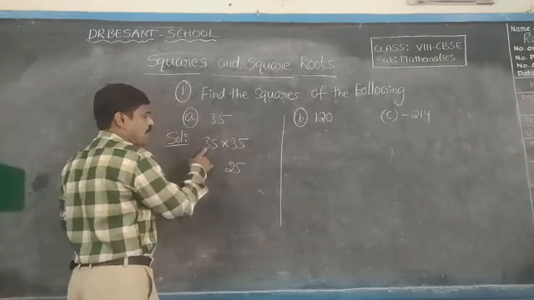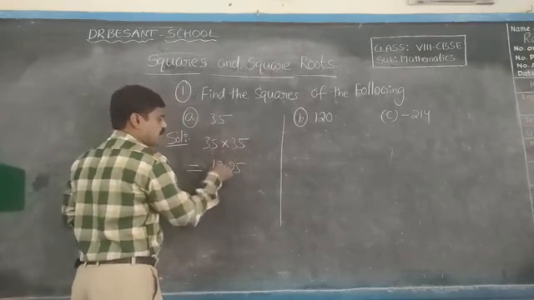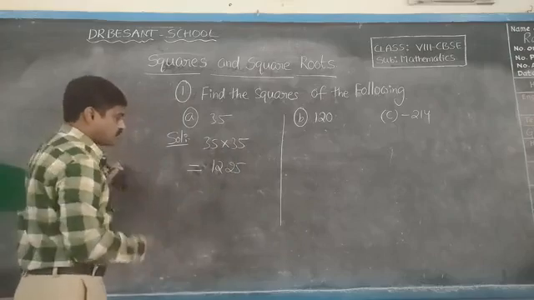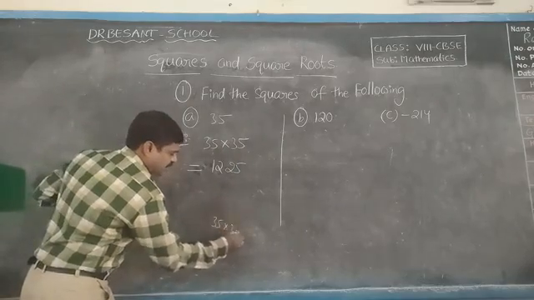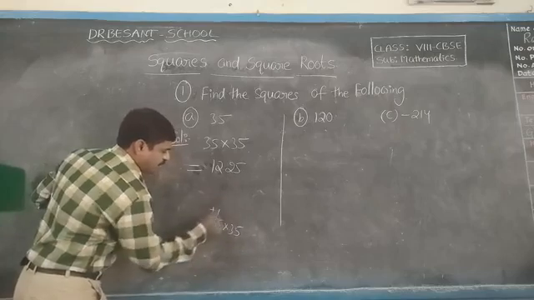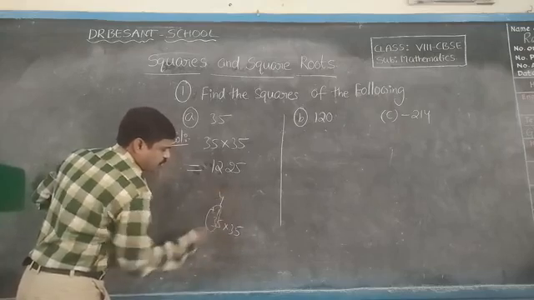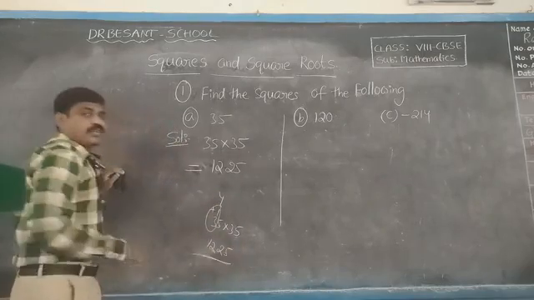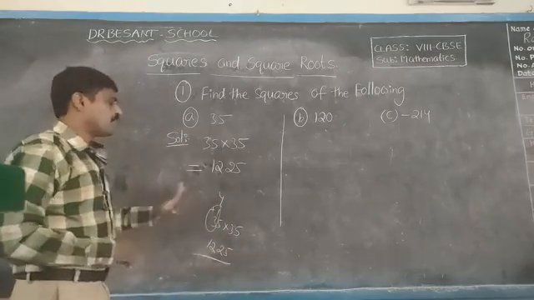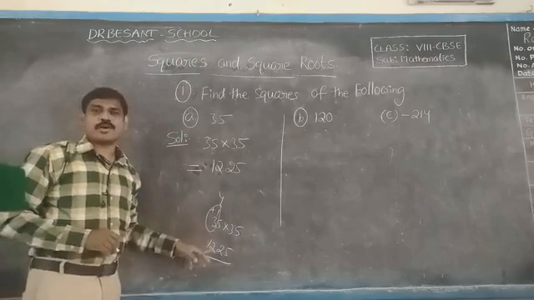So 3 plus 1 is 4, and 4 threes are 12. So 1225. Like this, one multiplication is there. 35 into 35, just add 1 to 3, so it becomes 4. 4 threes are 12, 5 fives are 25. Otherwise, you can also follow general multiplication.